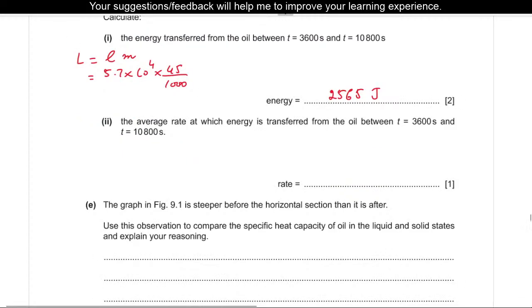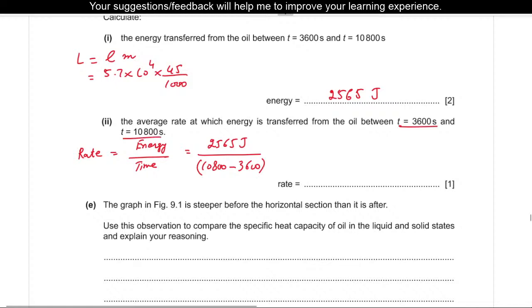Part 2, the average rate at which energy is transferred from the oil between time 3600 second and time 10,800 second. Again, we have to find the average rate. So it is also a very easy question. Rate is energy divided by time interval. So we have found out energy, that is 2565 joule, and the time interval is 10,800 minus 3600.